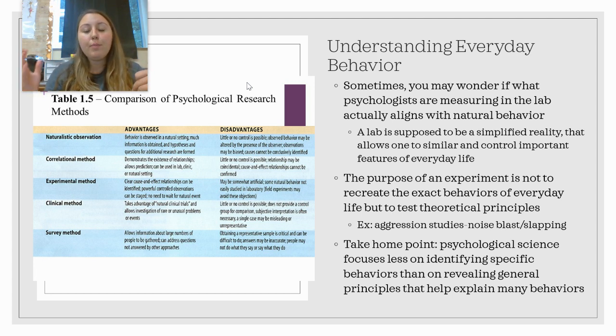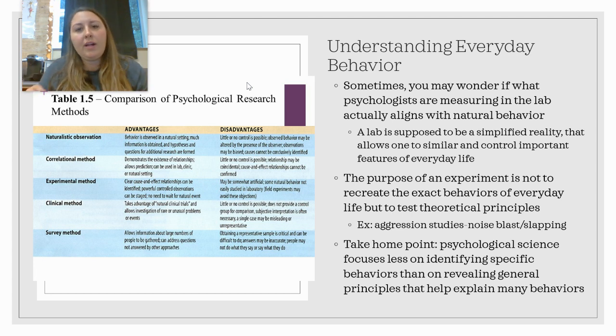Now, the purpose of an experiment is really not to recreate the exact behaviors of everyday life. That would be more like a naturalistic observation if we wanted to just see how people behave in their everyday life. Rather, experiments' goals are more so to test theoretical principles. So, for example, let's say in an aggression study, they operationally define a person being willing to give a noise blast to someone as an aggressive act.